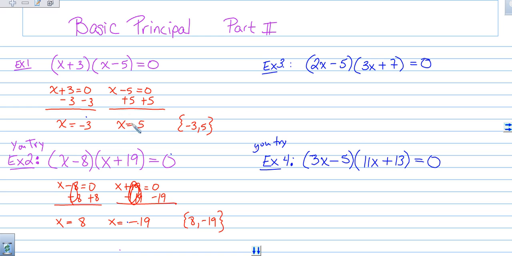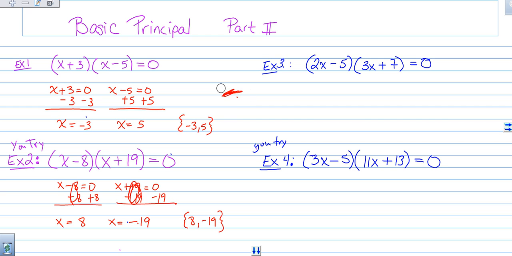These are just answers. Like you're telling us that the answer is 5, the answer is negative 3. The answer is not the point negative 3, 5. Okay? If anything, if you wanted to write it as a point, it'd be negative 3, 0, and 5, 0. But that's getting into a different concept of the x-intercept. As long as you know that this is negative 3 and this is 5, you're okay.